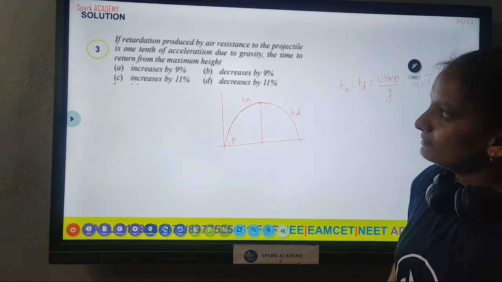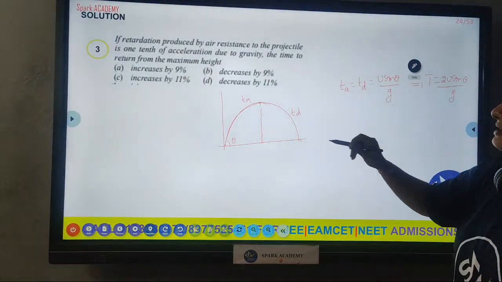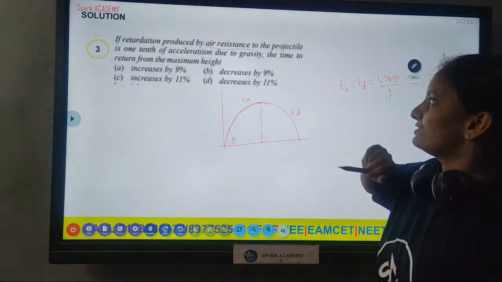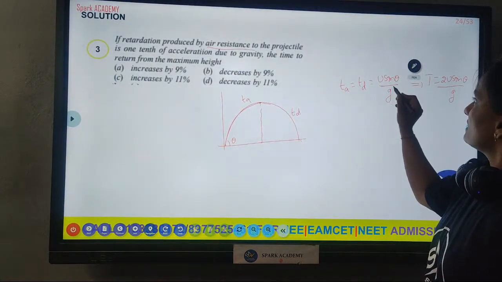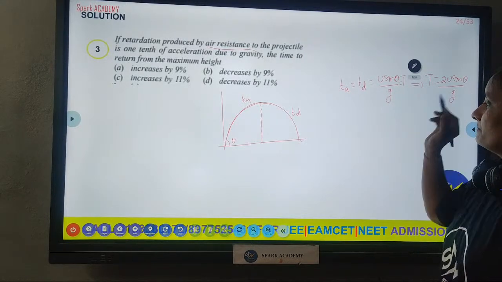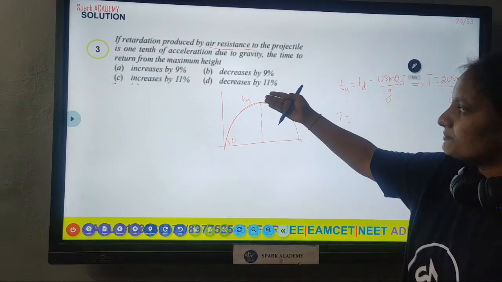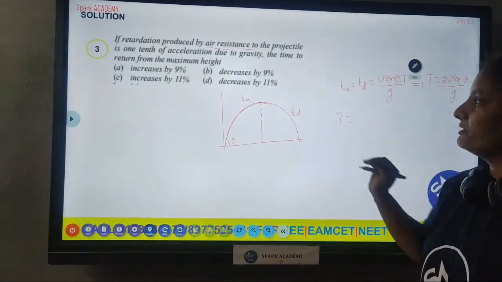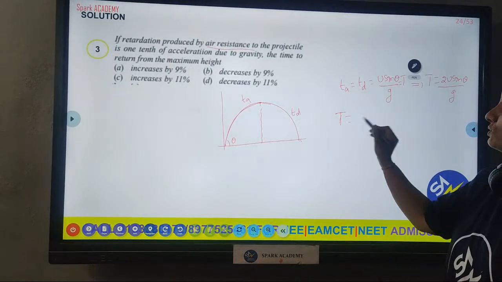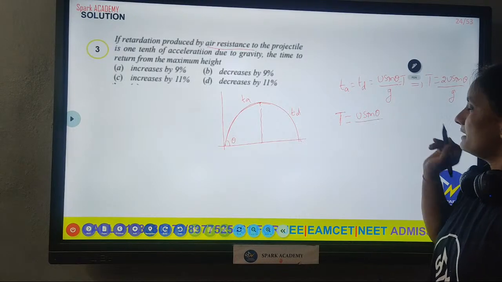So they are asking the time to return from the maximum height, and they are saying that there is retardation produced by air resistance. Let us take these two times as equal. Let me call it T. To reach the maximum height, or to reach the ground from the maximum height, the magnitude is the same, the time taken is the same. So T is equal to u sin theta by g.